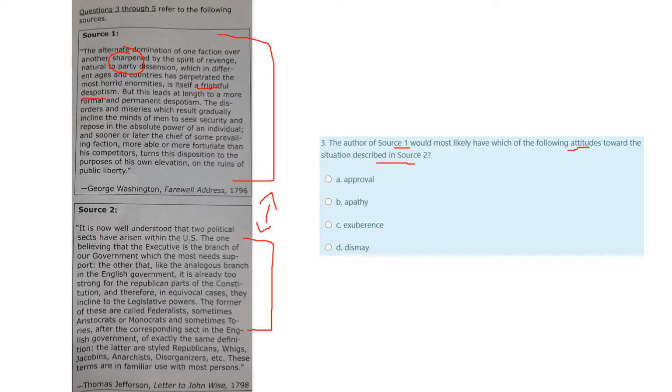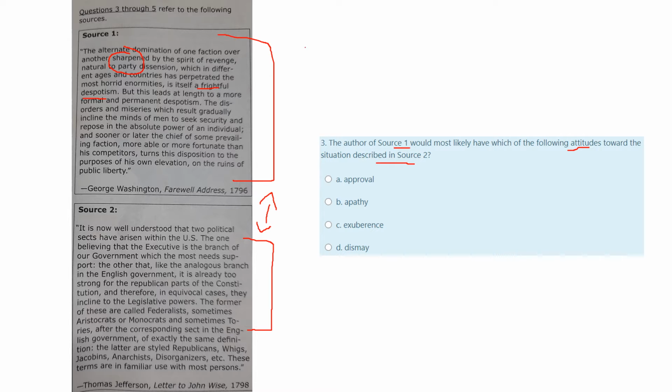So George Washington, you should remember, in his farewell address was warning about the dangers of a party system. George Washington was not the leader of any party. He became the president of America because he had done so much good as the leader during the war against Britain.